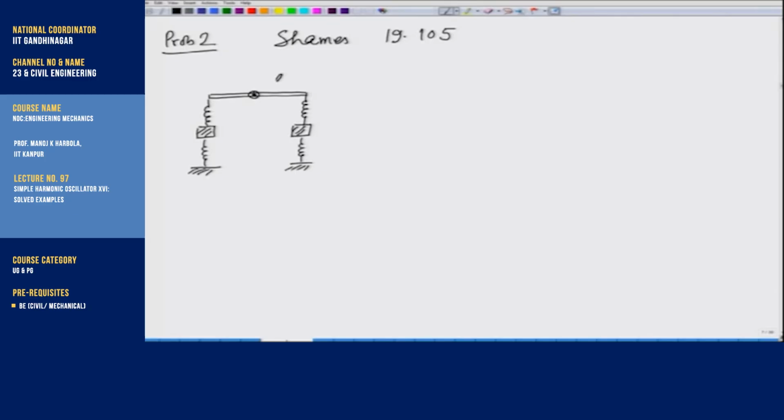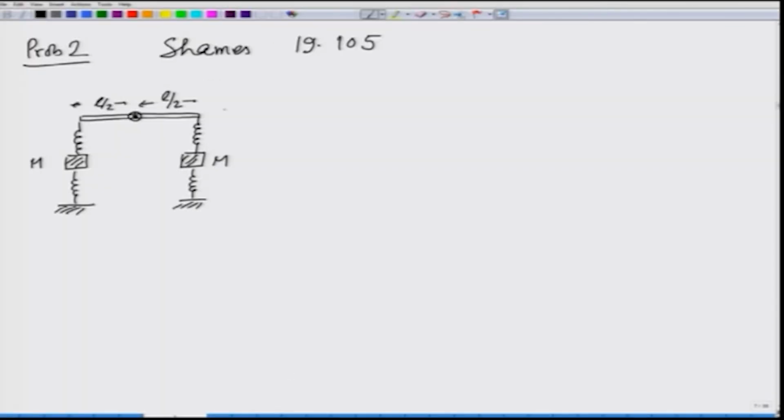This length is L by 2 on each side. These are identical masses m each, and this beam is made to oscillate by an angle theta t is equal to theta 0 sine of omega t.